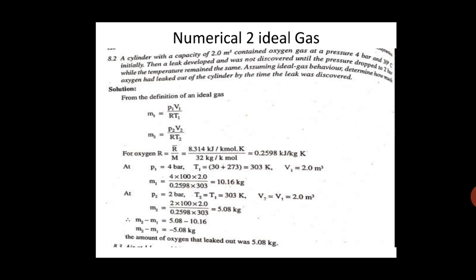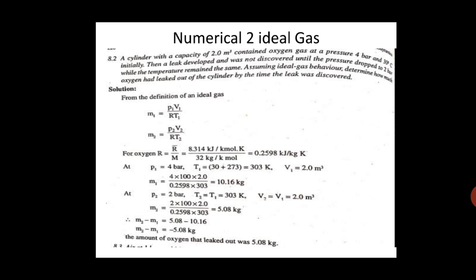Now, this T1 is given as 30 degrees centigrade. So we'll add 273, it becomes 303 Kelvin. So substituting the values of P1, T1 and V1 in the equation PV is equal to MRT, now we have to find M. So M1 is equal to P1 V1 divided by R T1.